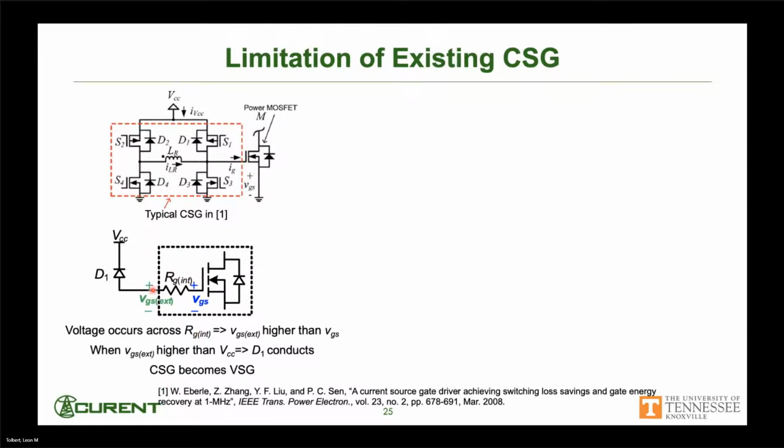It's because the voltage across this is higher than this voltage here, because of this gate resistance and the voltage drop across it from that current through here. And so you're limited by how much voltage you can apply here by VCC here.